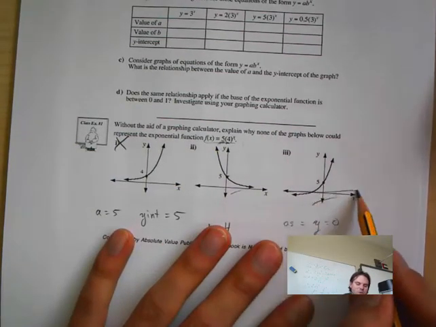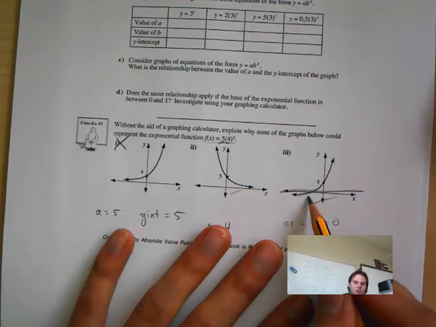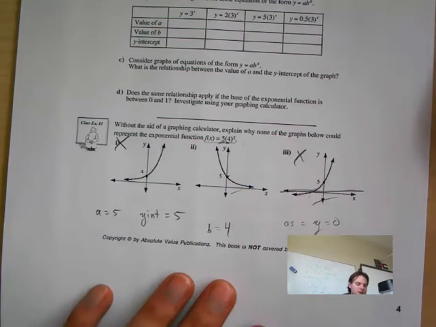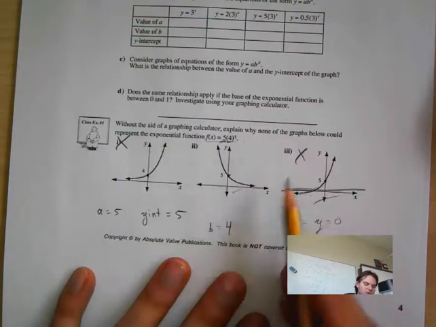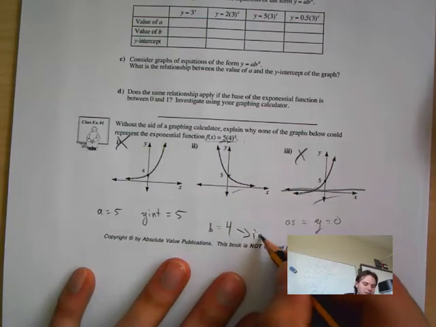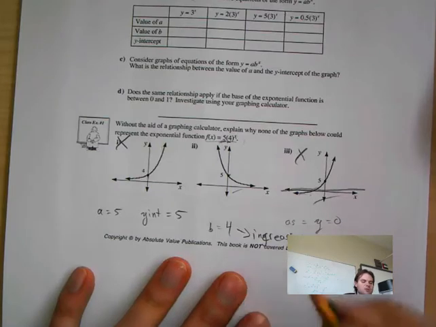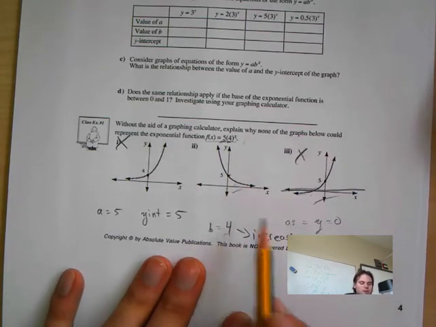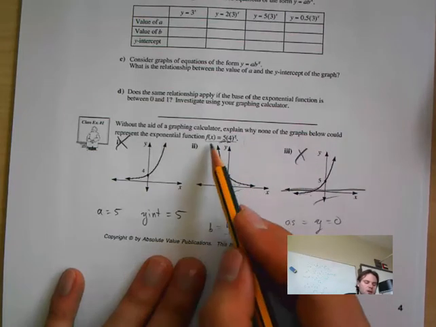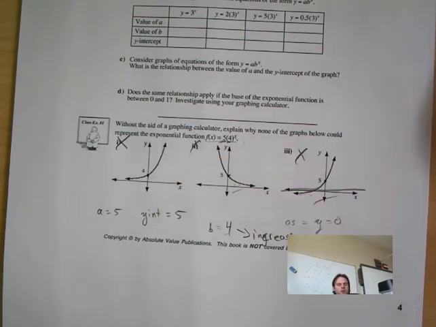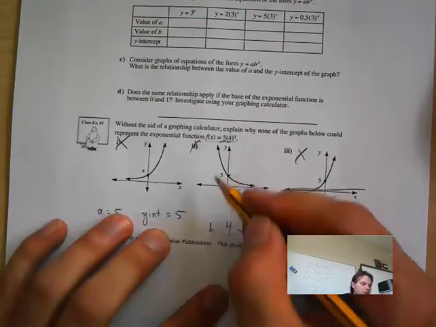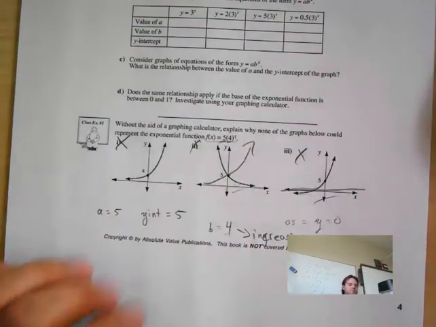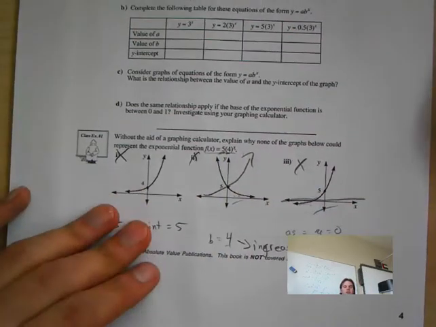So we have an asymptote here. This crosses the asymptote, so this one's off. Now the next one says b is equal to 4. This means it is increasing. It's not plus or minus anything, so this is increasing, therefore this cannot work as well. Because it's increasing, my graph should go this way. So that's why that one's off, and that's why none of those work.